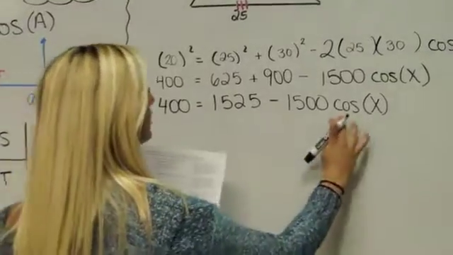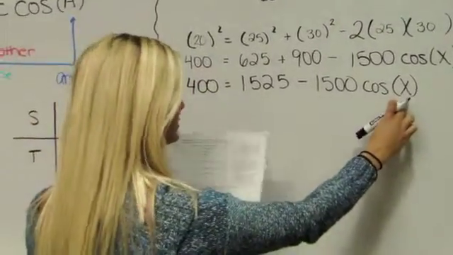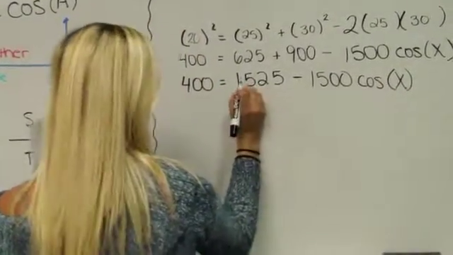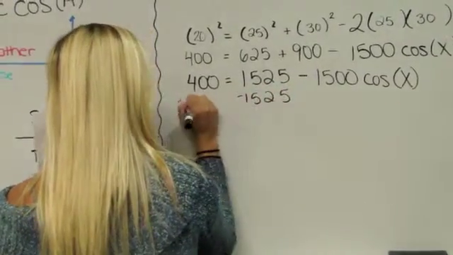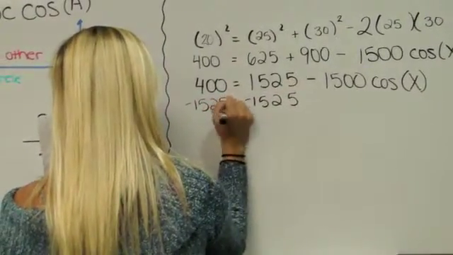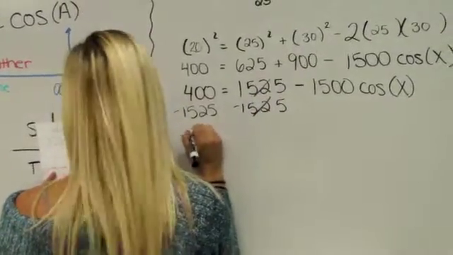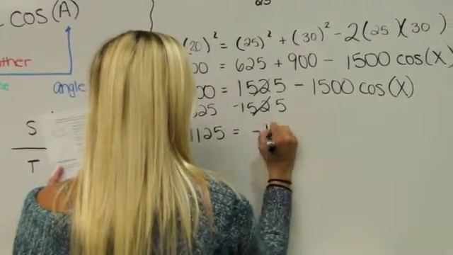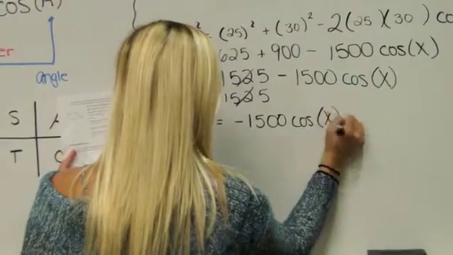And now you want to try to get cos x by itself. You want to isolate this so that you can find your x value. So first you would subtract over your 1525 from both sides. And you would have negative 1125 equals negative 1500 cos x.